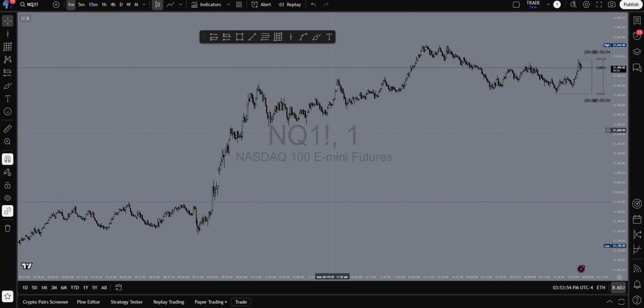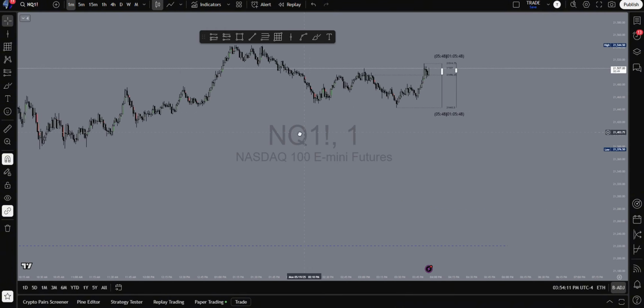moving down to a lower time frame and seeking out where we're at, where we open, where we create our manipulation, and expecting some type of distribution or expansion to the upside or downside depending on where we're at with price action.